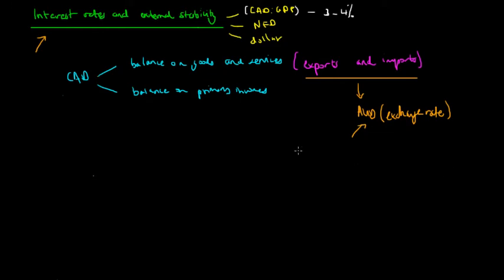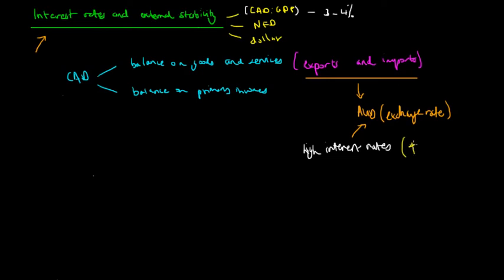So as we talked about in the lecture on interest rates and exchange rates, we saw that with high interest rates, this meant that our securities are more attractive to international investors, and that means they would purchase our securities, and so that would push up the demand for the Australian dollar and push up our exchange rate.